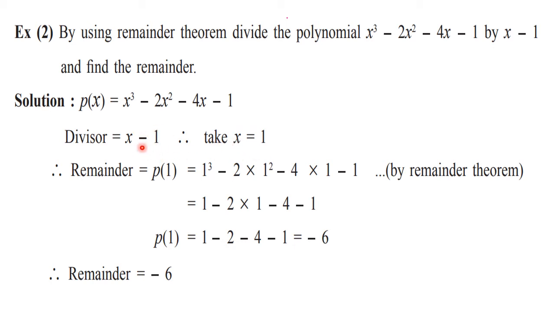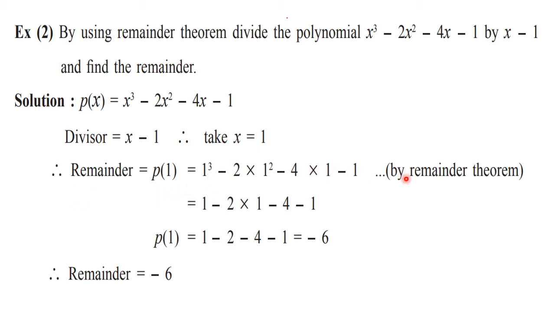If minus 1 is there, take plus. So the remainder is nothing but the value of this polynomial for x is equal to 1. So remainder p of 1 is equal to 1 cube minus 2 into 1 square minus 4 into 1 minus 1. Okay, so this is by remainder theorem. You have to write down the reason, that why you are writing remainder as p of 1.